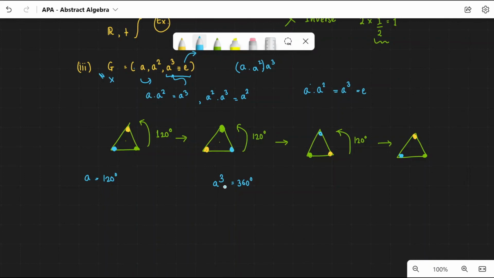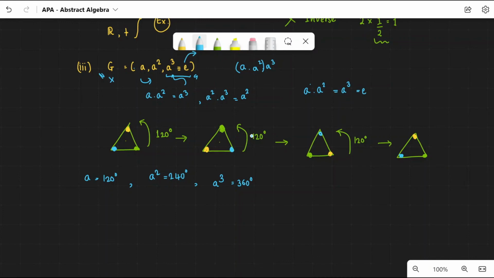So that is what is happening here. a cubed is an identity element as discussed here. It gives back the original object, while a squared is a rotation by 240 degrees. So I hope the picture is much clearer now. This a squared and a cubed are representations of rotation.